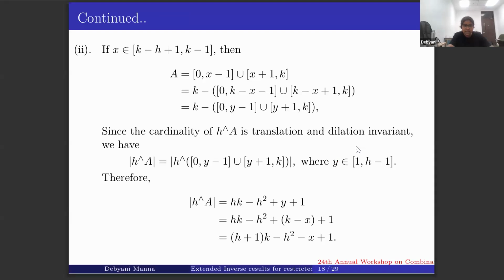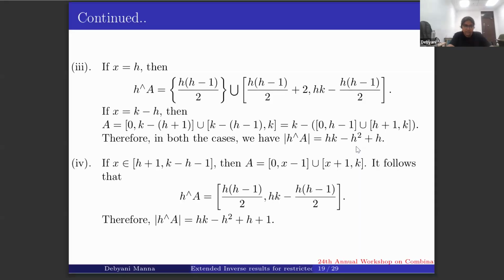But when x is exactly h, then we will have that the cardinality of h cap a is equal to hk minus h square plus h. So that means for different choices of h, we can say that there exists some a for which the cardinality of h cap a is equal to hk minus h square plus h, then we'll have certain a for that.